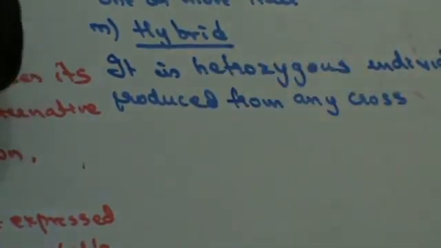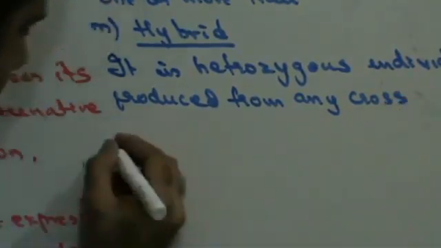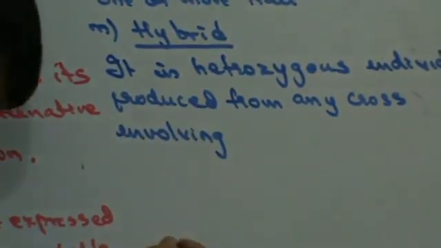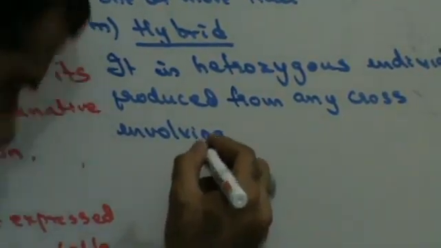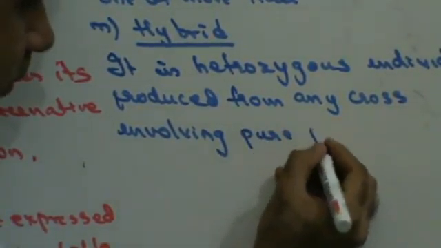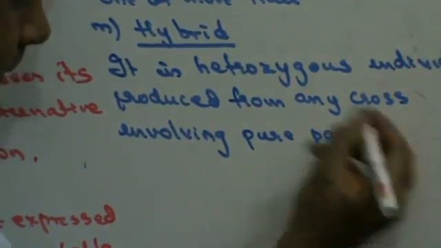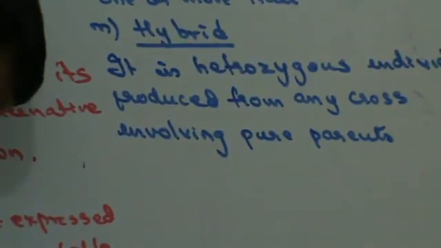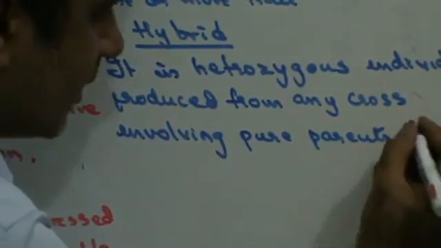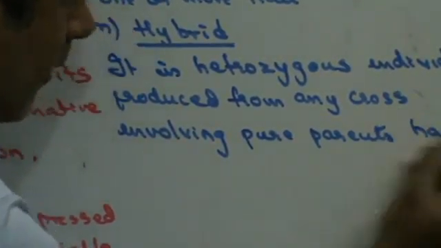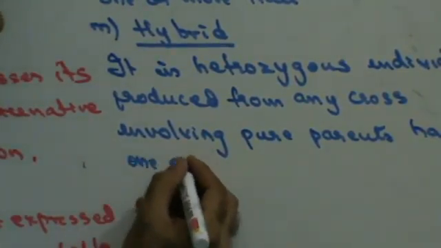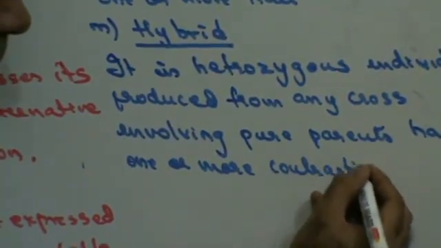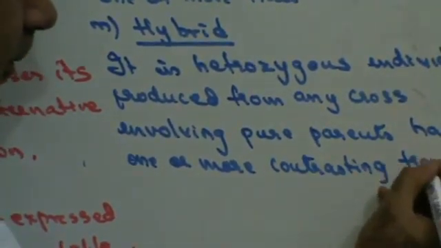Cross means breeding, involving pure parents having one or more contrasting traits.